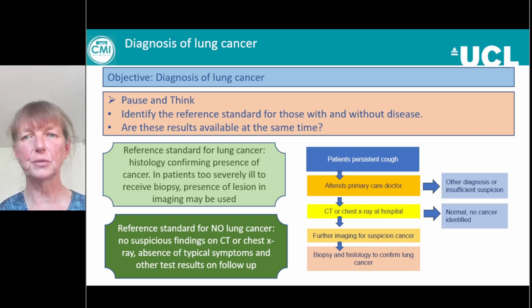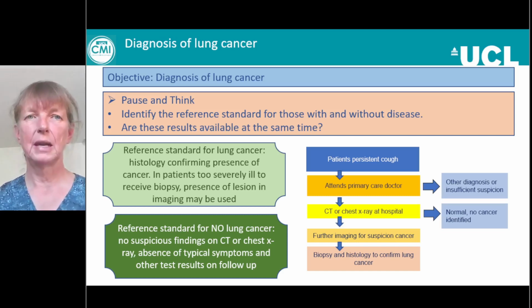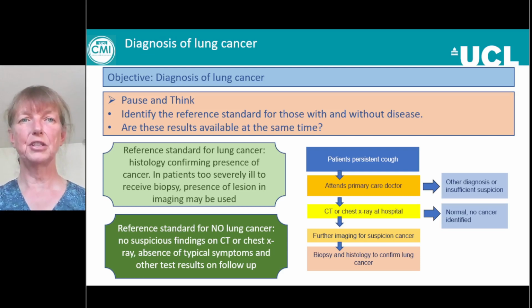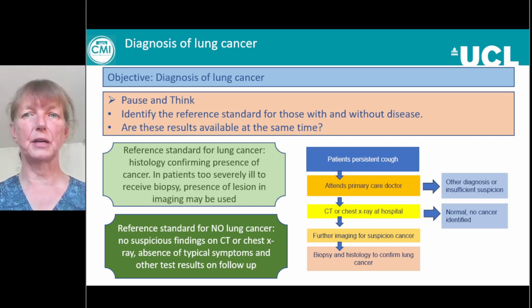They're getting all sorts of tests at different time points that confirm whether they have disease or not. But in particular, the major contrast is that in the people who don't have lung cancer, there will usually be a follow-up, and that follow-up might be 1 or 2 years, whereas the biopsy histology results may be available within a month of them being identified with a suspicion of cancer.